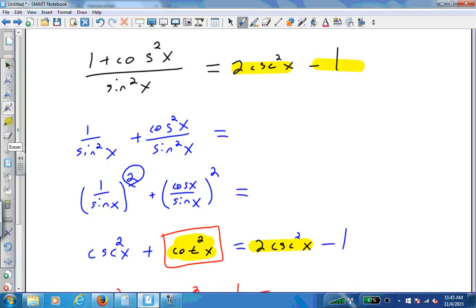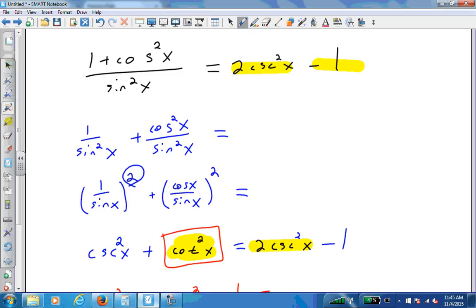Another alternative, one thing we mentioned yesterday was sometimes it's good to change everything into sines and cosines. We could have changed cosecant. What is cosecant in terms of sines and cosines? See, cosecant is the reciprocal of which one? Sine, we could have changed that to 1 over sine squared, so 1 over sine squared.